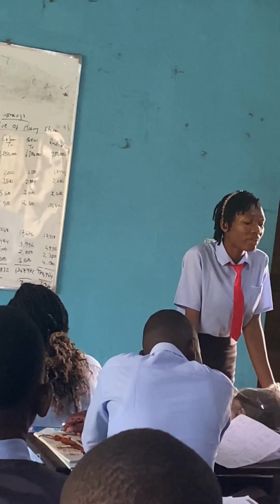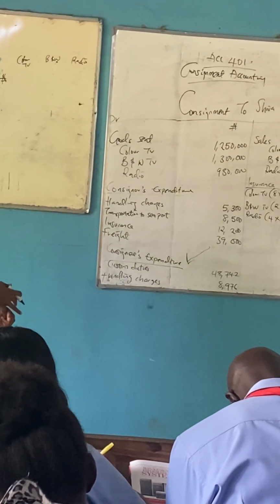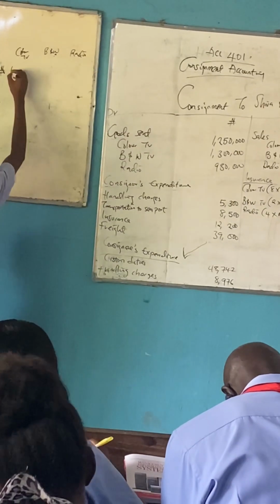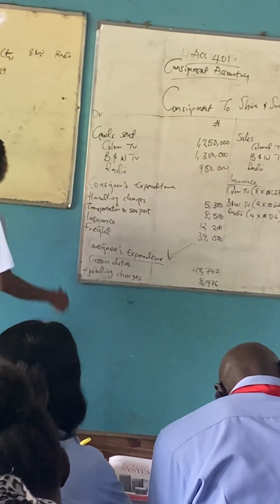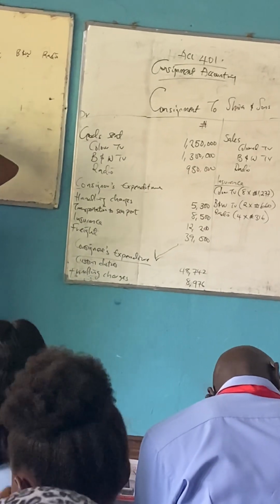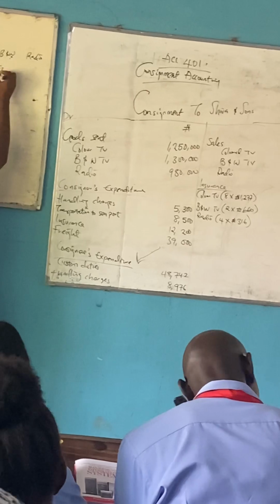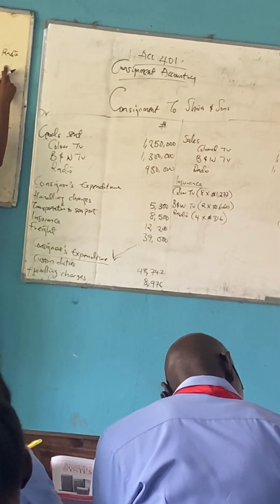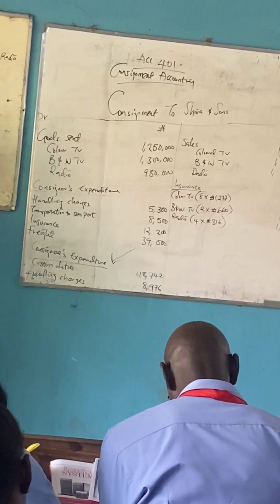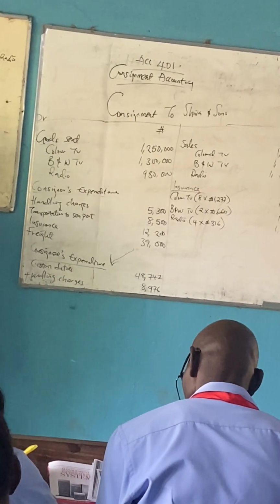So your closing stock value, for the first one, what do you have? As a whole number. Next one, 674. And then the last one is what? 325. Patient, you are dividing now.